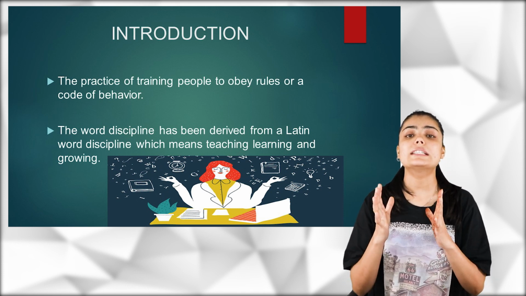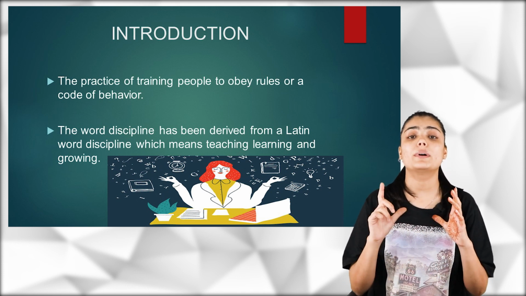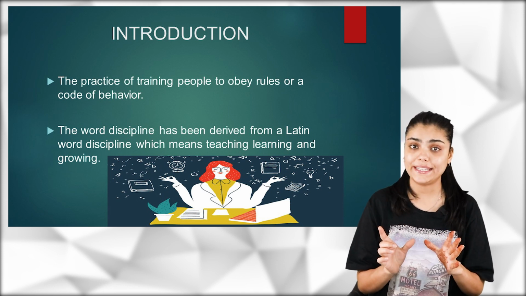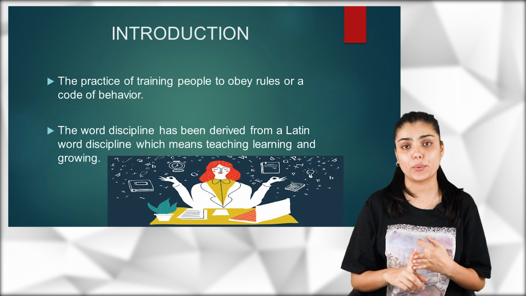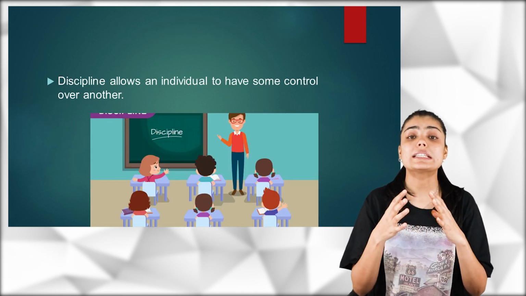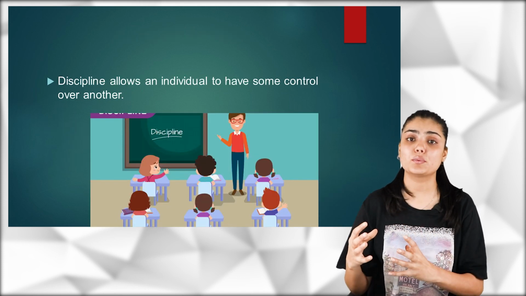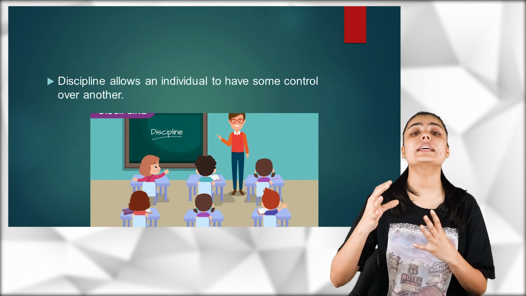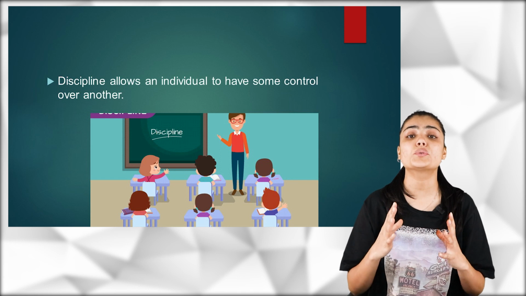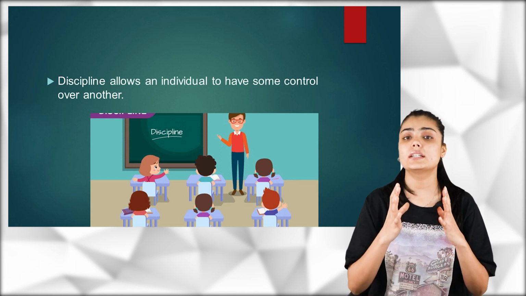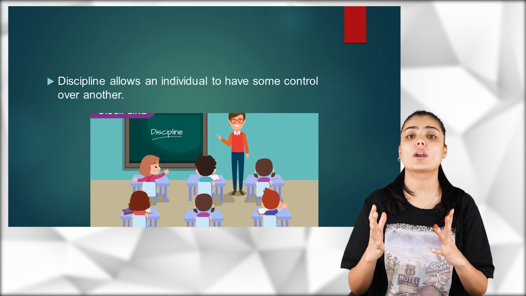So the word discipline has been derived from a Latin word, disciplina, which means teaching, learning, and growing. So we all know discipline allows an individual to have a certain control over another individual. We see this discipline usually followed in certain institutions, in certain organizations.